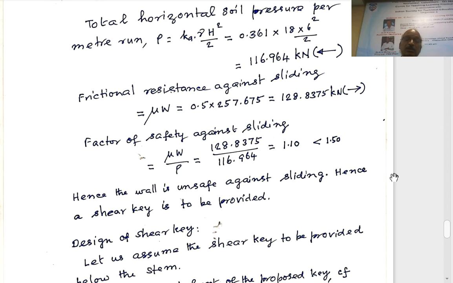So mu times W here is 128.8375. Actually, the value of mu W by P will have to be a minimum of 1.5. Now here mu W by P is only 1.1. It is less than 1.5. Therefore, it is unsafe against sliding.